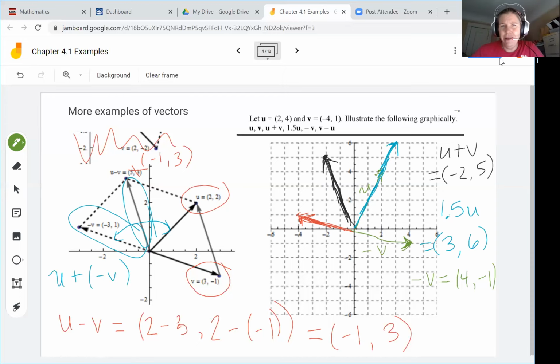And then last but not least, we're finding v minus u. I'll go back to using black because I've used less of that. Let me erase my writing down here from earlier so we've got some space.